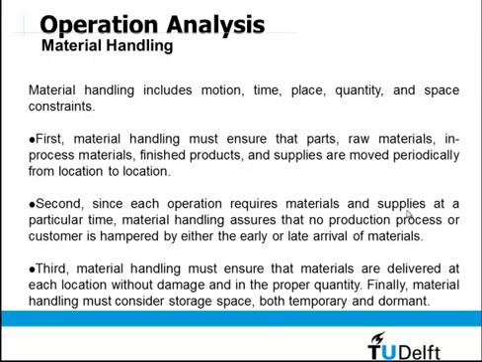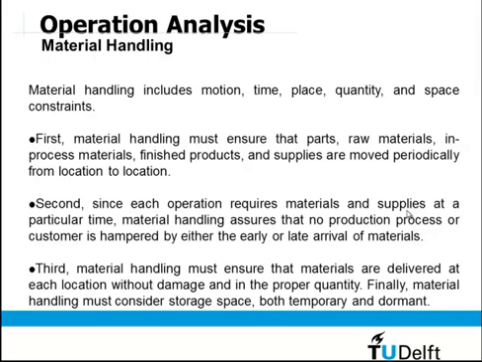First, material handling must ensure that parts, raw materials, processed materials, finished products, and supplies are moved periodically from location to location. Periodically and with easy movement. Second, since each operation requires materials and supplies at a particular time, material handling assures that no production process or customer is hampered by either the early or late arrival of materials.